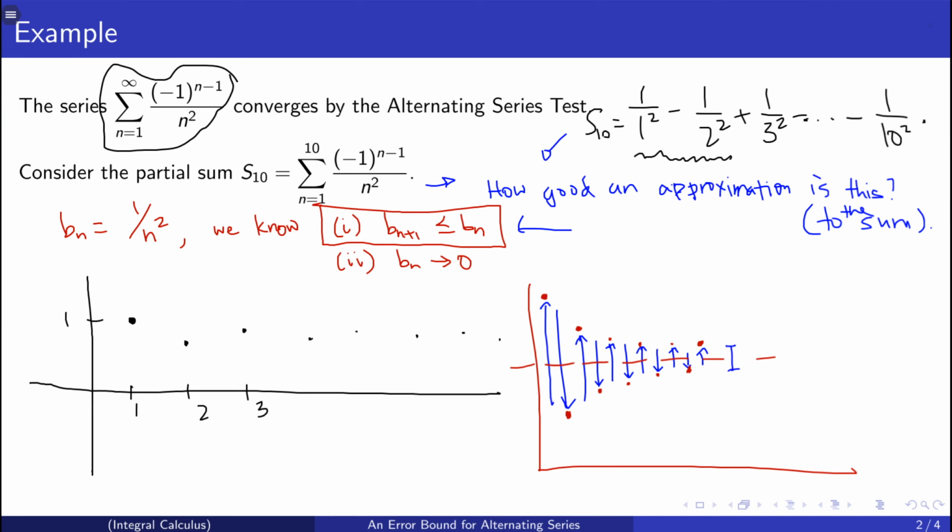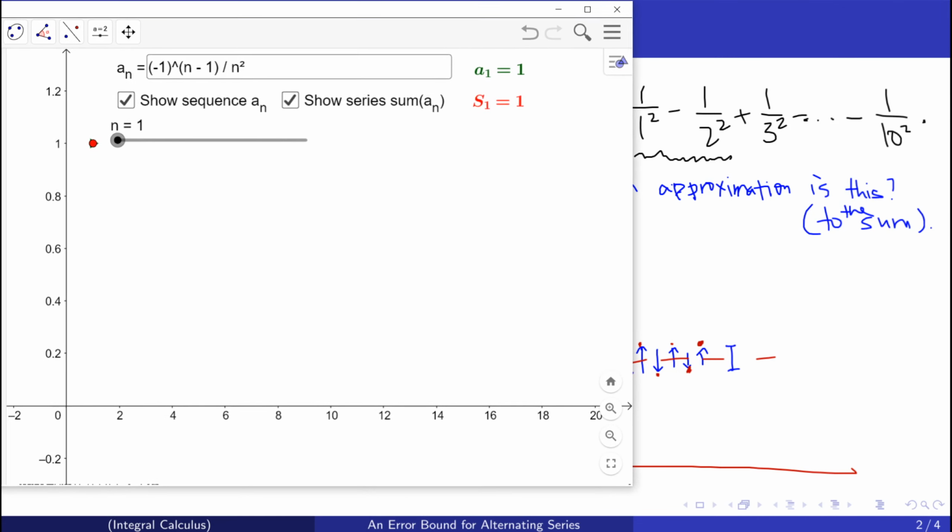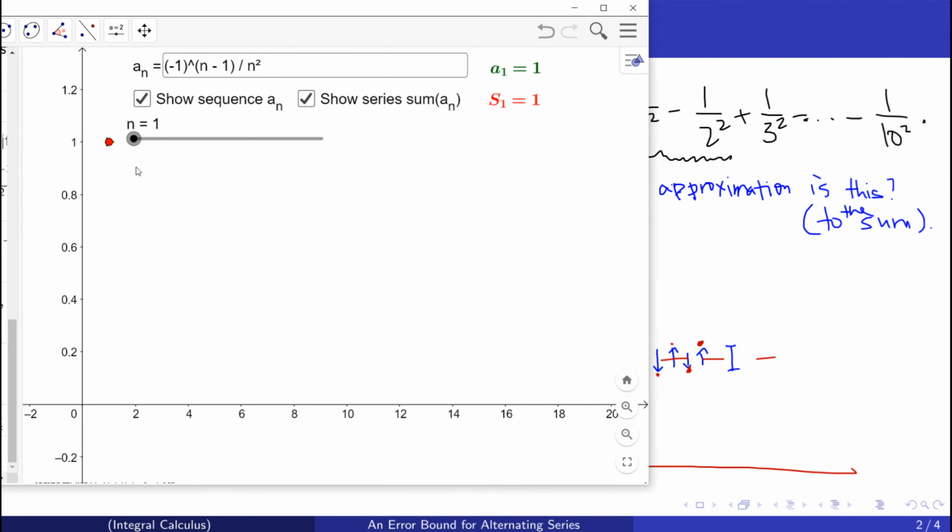This is nice. If you look at the actual graph here of negative 1 raised to n minus 1 over n squared, these triangles down here are the terms of your series. The red circles are the partial sums.